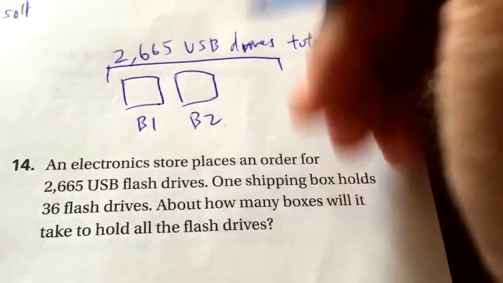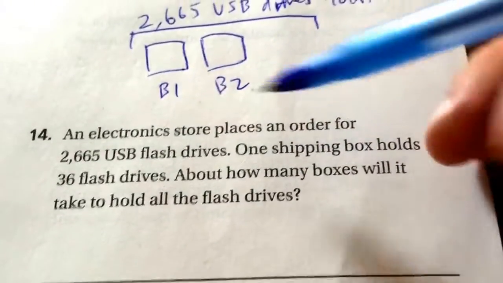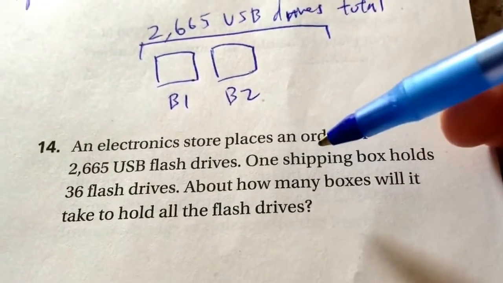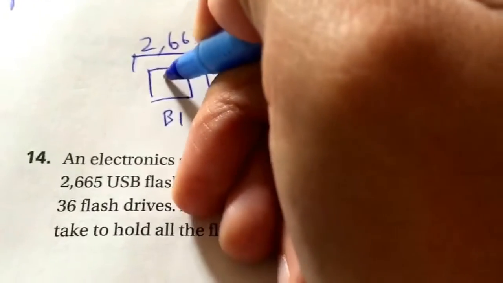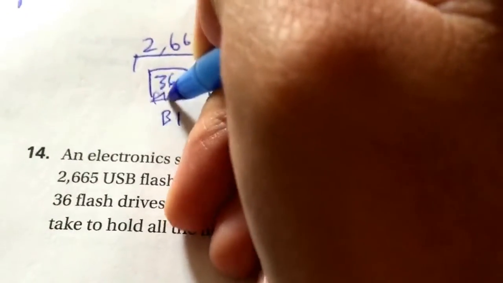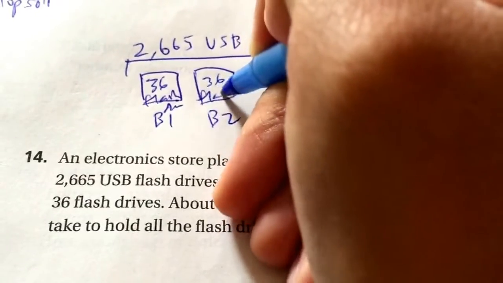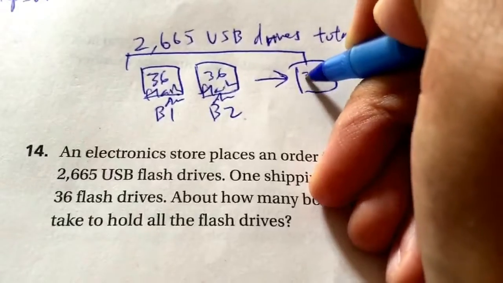Let's figure out how many is inside each box. So let's read it again. An electronics store places an order for 2,665 USB flash drives. One shipping box holds 36 flash drives. So in box 1, there's 36 flash drives. In box 2, there's 36 flash drives. In the next box, there's going to be 36 flash drives.